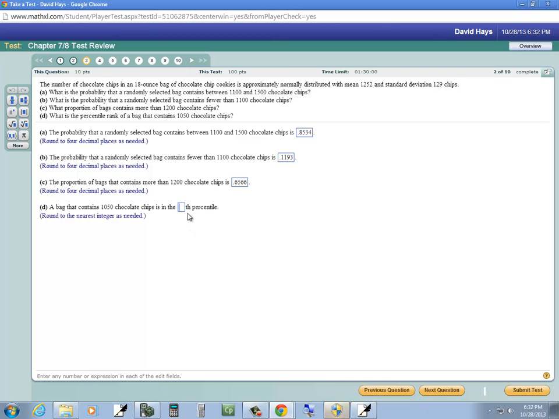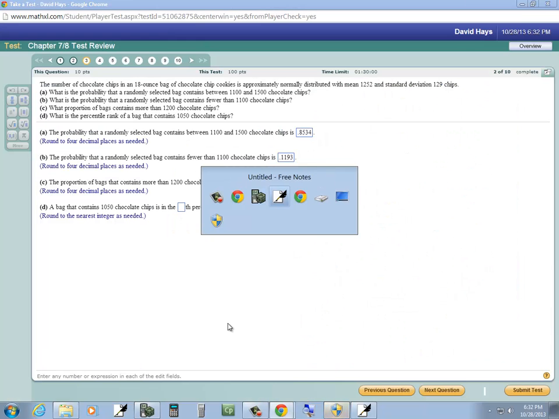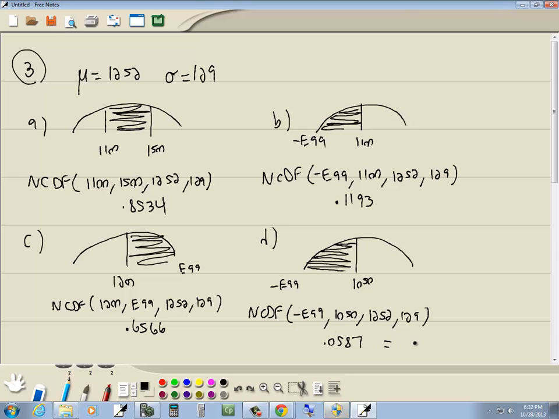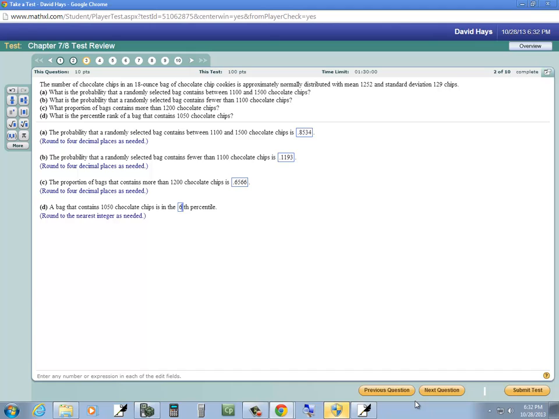Round to the nearest integer. Okay, well, that's going to take us to 5.87%, and the nearest integer would be 6. So the 6th percentile.